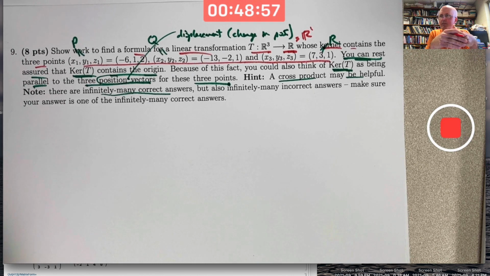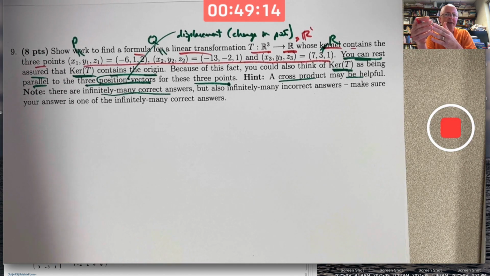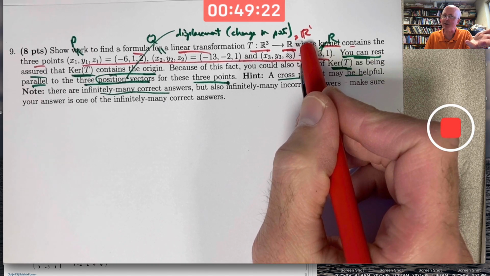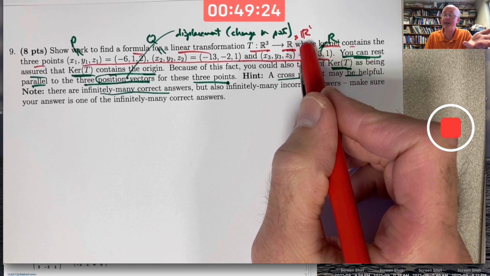Planes through the origin have an equation: something times x plus something times y plus something times z equals 0. Emphasis on the 0. The part on the left could be thought of as a linear transformation, taking a 3-dimensional point (x, y, z) and mapping it to a number in R. So the answer is essentially going to be the left-hand side of the equation, equaling 0.